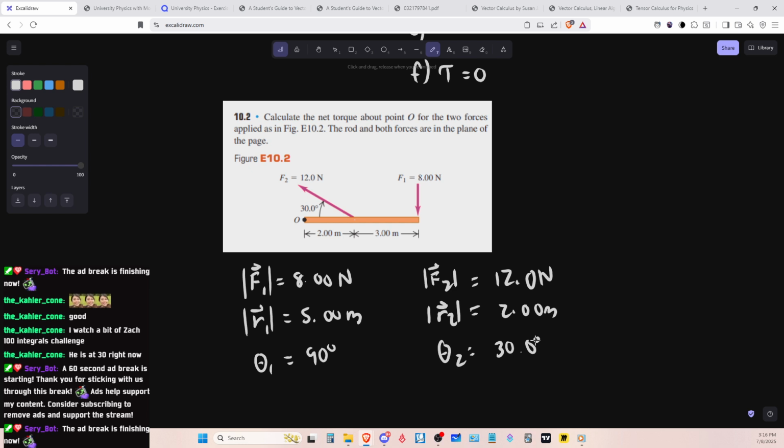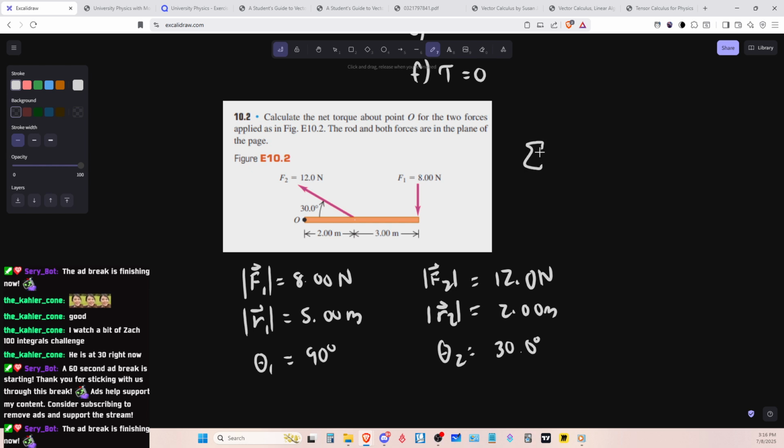So I think we might have to subtract them, because they're going in opposite directions. Let's give it a try though.